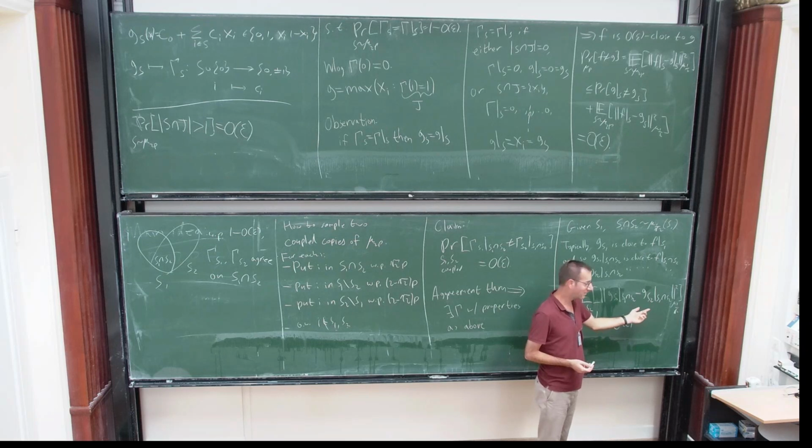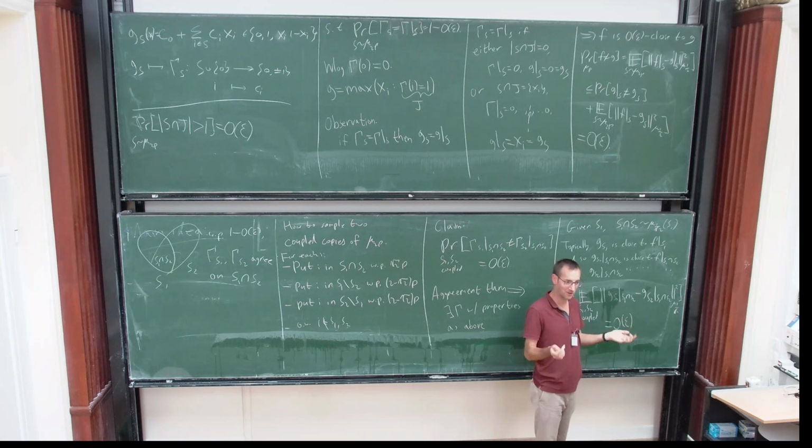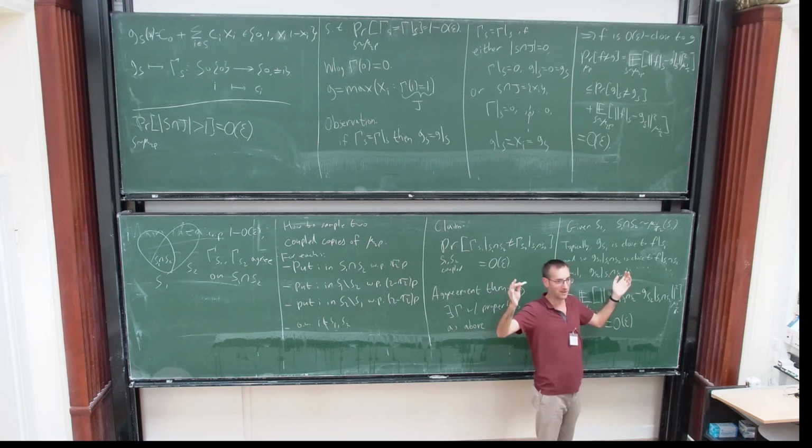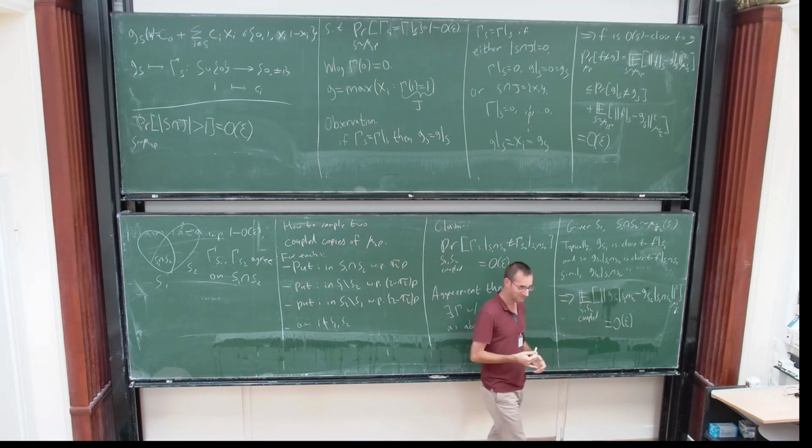Why is that? Because GS1 and GS2 are 1-juntas, so the difference is a 2-junta. If the 2-junta is not 0, it's 0 plus or minus 1 valued, so it's non-zero with some constant probability, and because it's integer valued, the norm squared will be lower bounded by some constant.